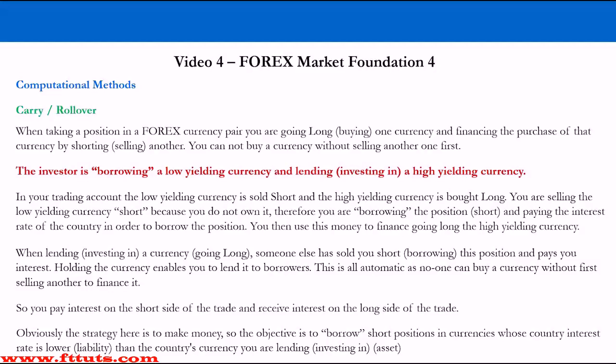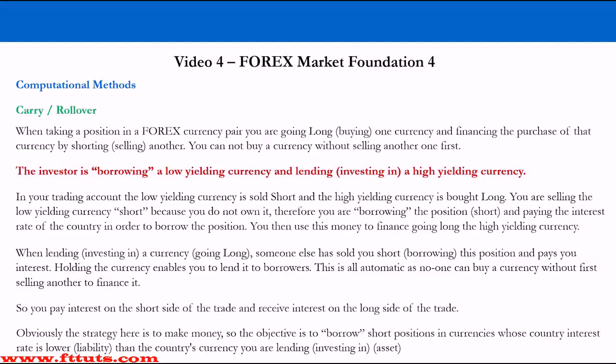And in your trading account, when you do this, it's all automatic. So the low yielding currency is sold short automatically to buy the high yielding currency. You're selling the currency short because you basically don't own it. So you're borrowing the position and paying the interest of the country that you're borrowing in order to borrow the position.